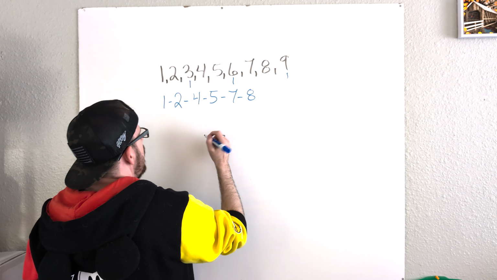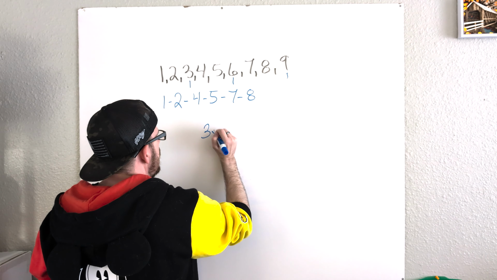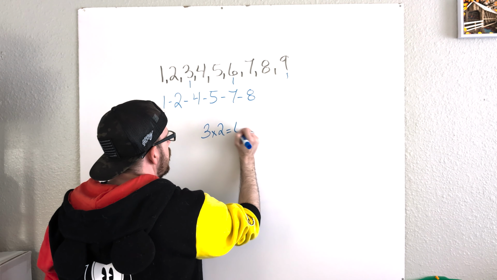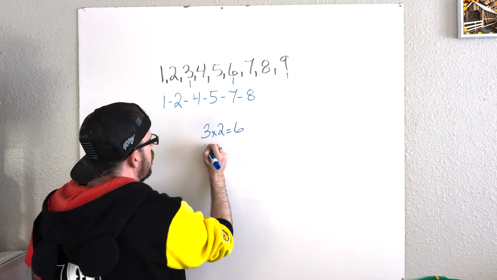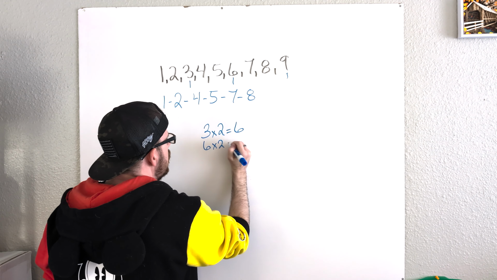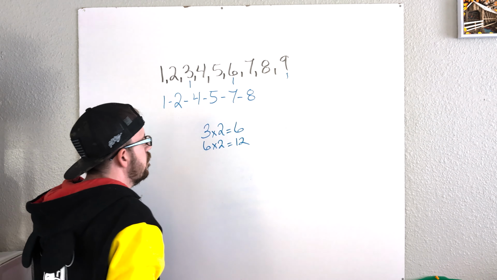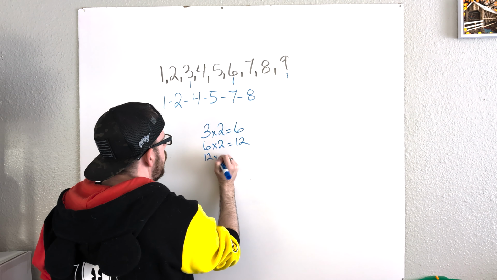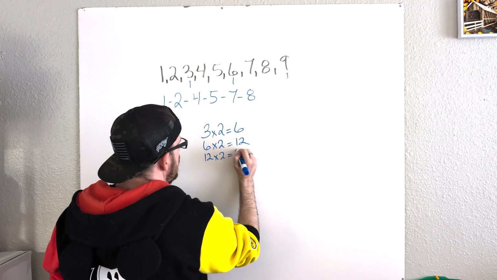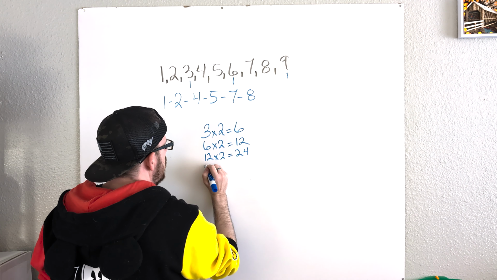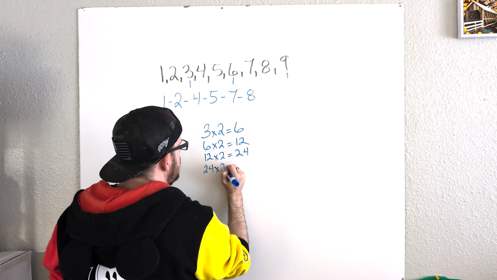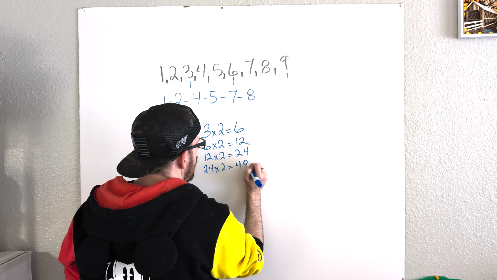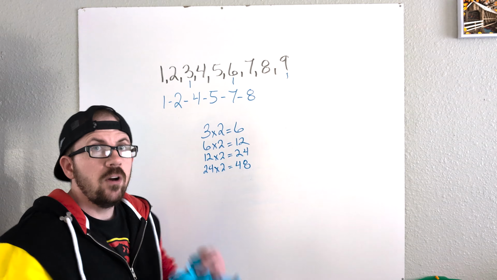So we're going to go ahead and take 3 times 2, which is going to be 6. Okay? 6 times 2 is going to be 12. 12 times 2 is going to end up being 24. 24 times 2 is going to end up being 48.